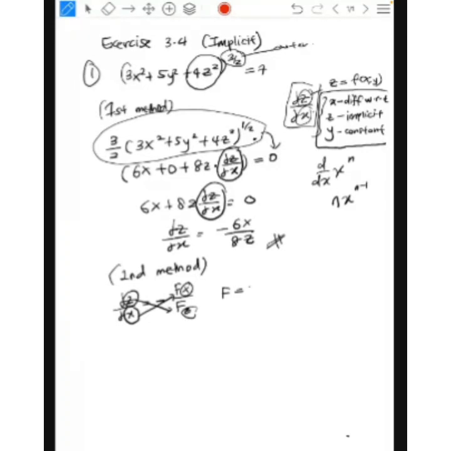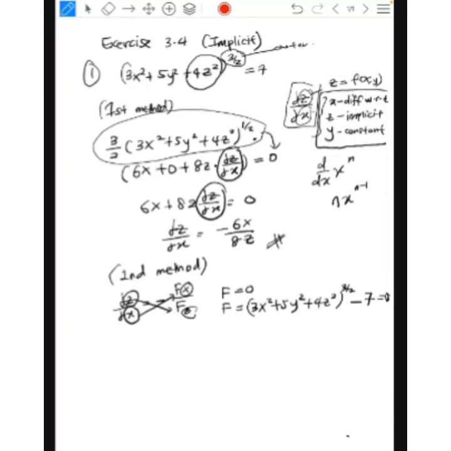Then f equals 3x squared plus 5y squared plus 4z squared to the power of 3 over 2 minus 7, and this equals 0. That's the first step. Because this is constant, if you don't do it, it doesn't have much effect. But if it's not constant, there's another variable on the right hand side and you didn't do this, then your answer will be totally wrong.